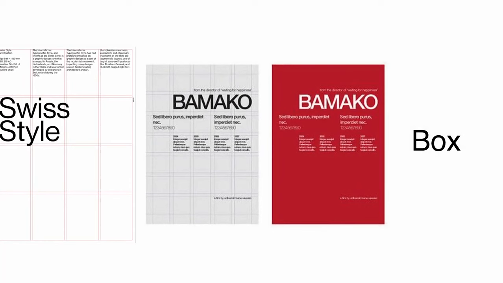First up, we have box grids. As the name suggests, these are a system of boxes or rectangles that structure and organize content within a design. They provide a modular organization, allowing us to break down our design into manageable sections.